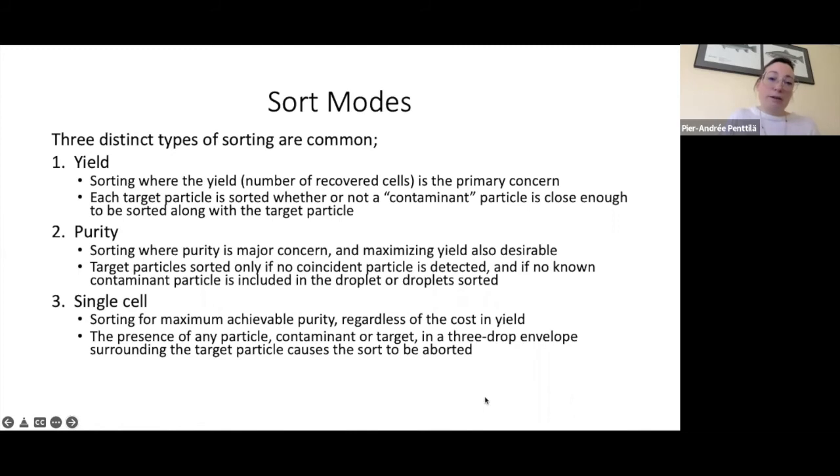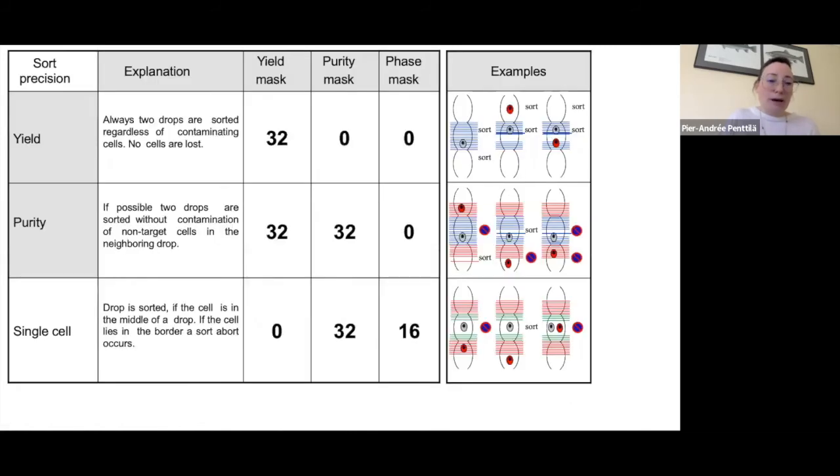And then in the next slide here, I will just try to explain a little bit how these decisions can be made. So if you look at the sort precision in yield mode, as an example, you can see on the right-hand side here a target particle in gray and a non-target particle in red.